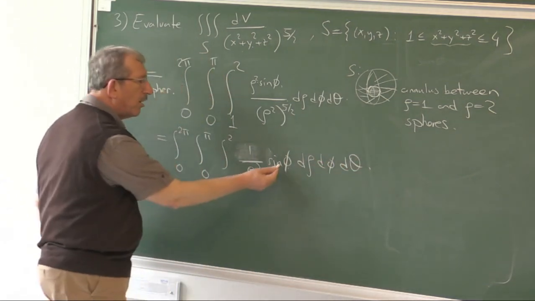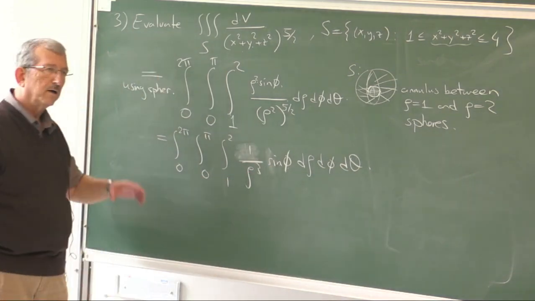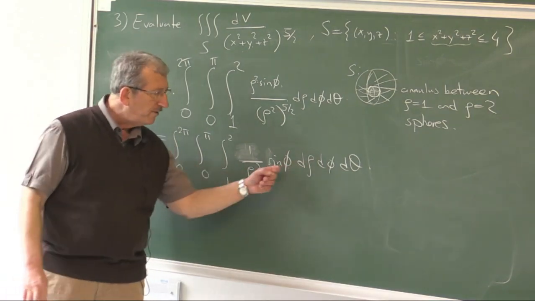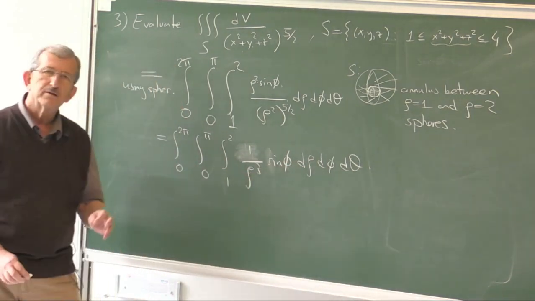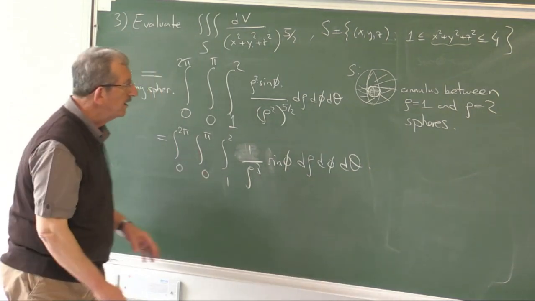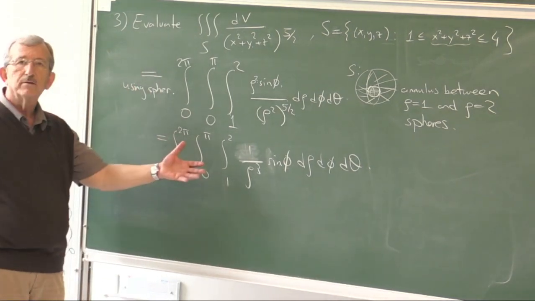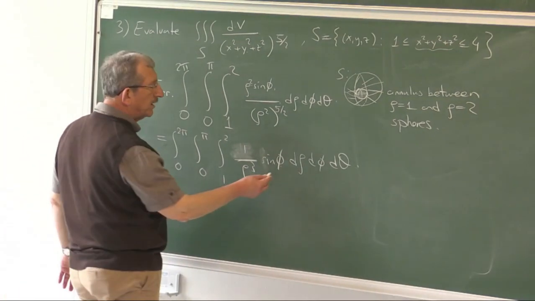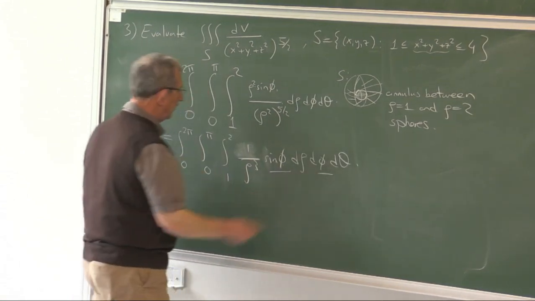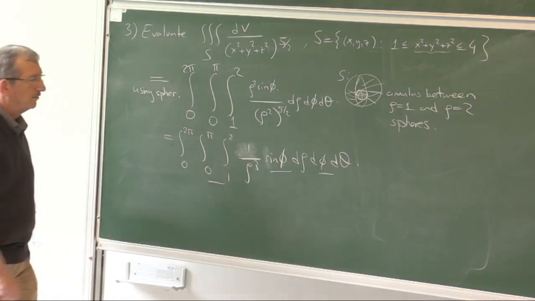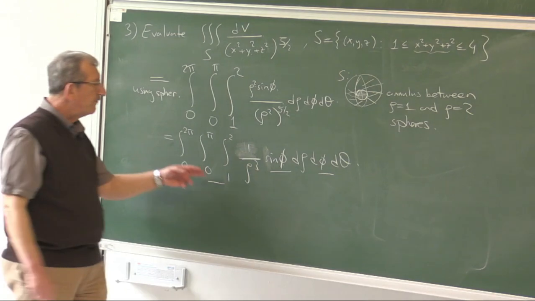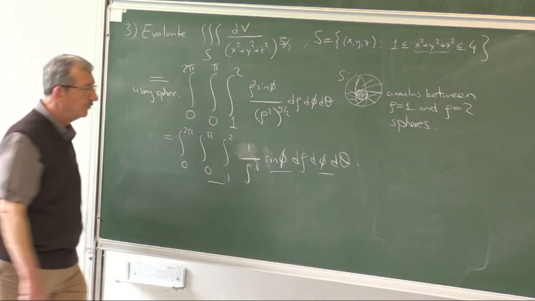Note that because these are not combined together, that is, all variables in the function are just like single variables and they are multiplied, we can evaluate them in any order directly and it won't make any difference. For example, let us look at the phi part. It changed from 0 to pi. Well, the integral, of course, is minus cosine phi, and from 0 to pi, it gives us 2.